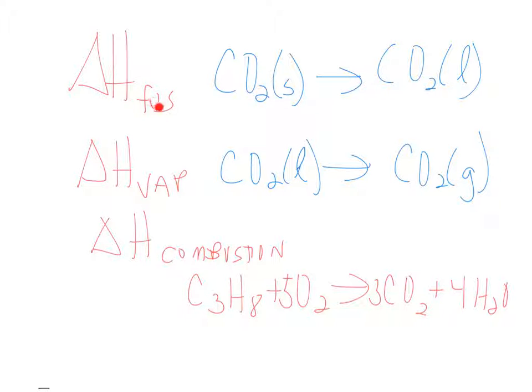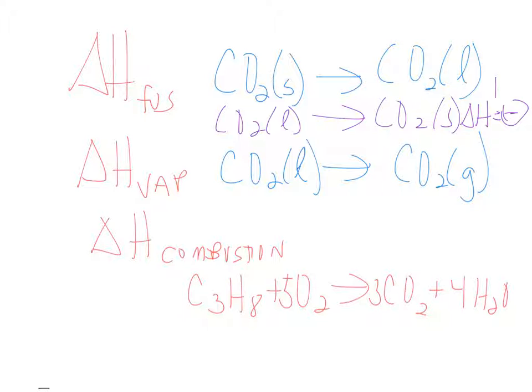If we wanted the enthalpy of freezing for carbon dioxide, it would be the opposite. It would be CO2 going from a liquid to a solid. So the delta H for this would be the opposite, with a negative sign in front of what it was for this.